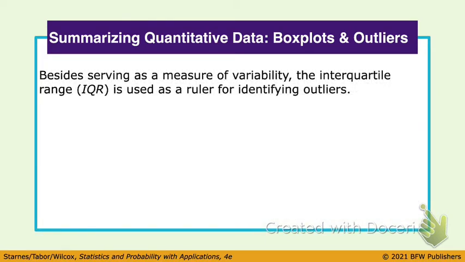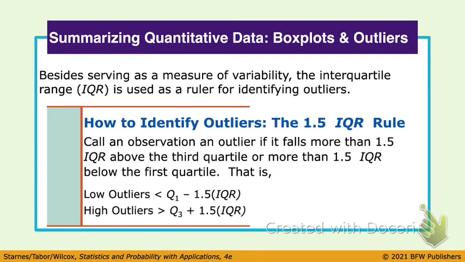So besides serving as a measure of variability, the interquartile range, the IQR, Q3 minus Q1, is going to help us identify outliers. Here's how we're actually going to identify outliers. We're going to call an observation an outlier if it falls more than 1.5 IQRs above the third quartile or more than 1.5 IQRs below the first quartile.